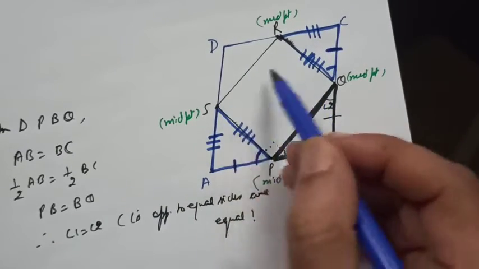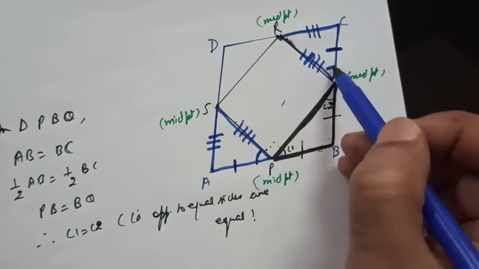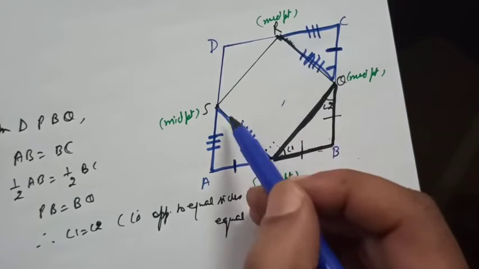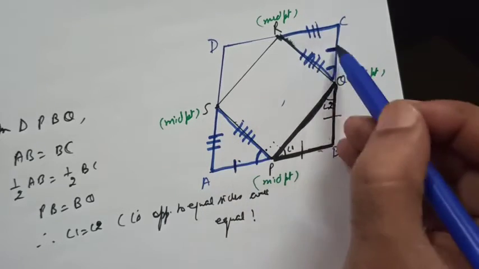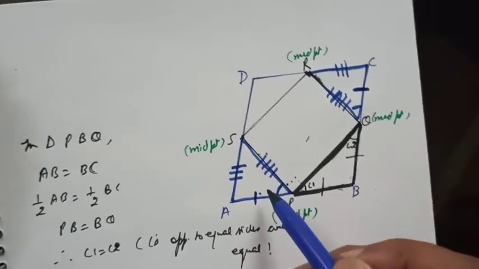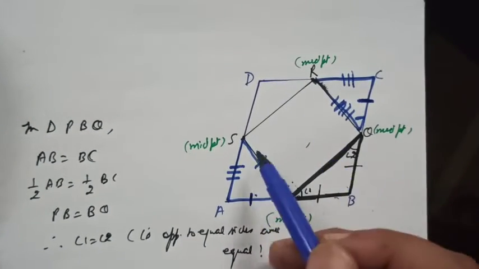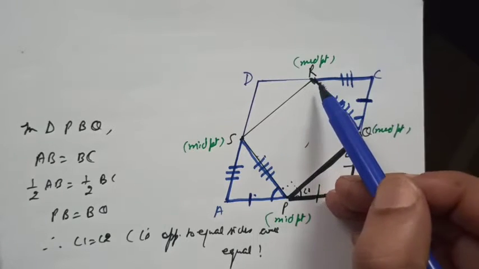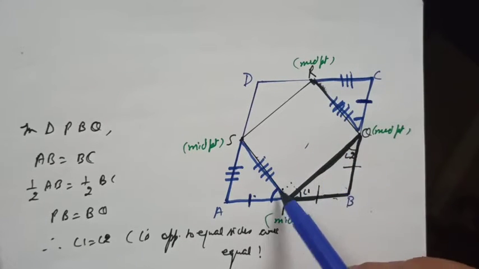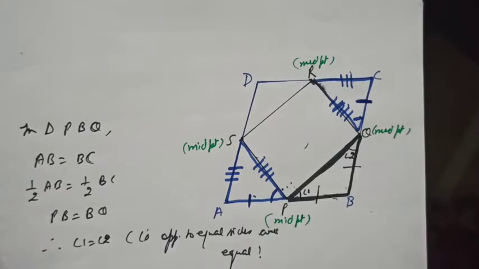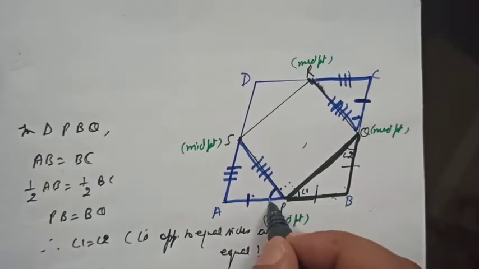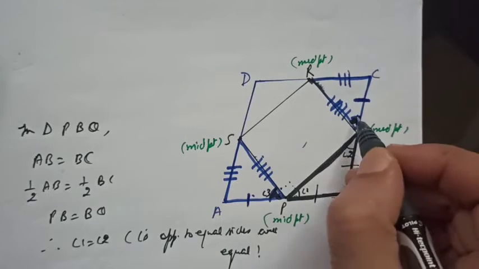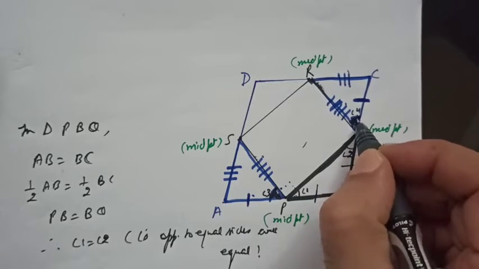I've already proved that this is a parallelogram, so opposite sides will be equal, halves of equal sides and halves of equal sides. Although ये दोनों बराबर हैं, ये चारों बराबर हैं because they are all halves of equal sides, right? Of the rhombus, but I'm going to use this by CPCT. I need to prove that this angle is equal to this angle, right? I need to prove that angle 3 is equal to angle 4 by CPCT, right?